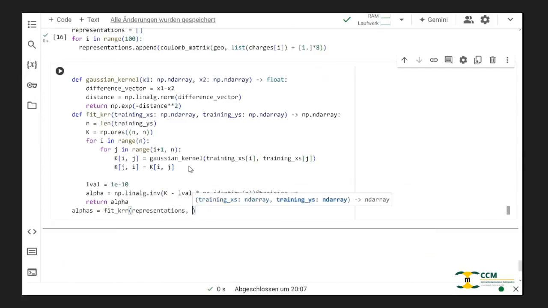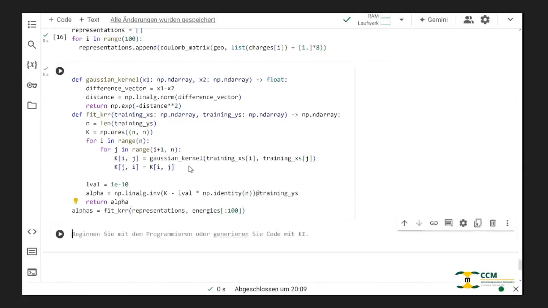What are the Ys? What's the property that we want to learn? Energy. So that would be energies, but the first 100 of those, right? Not all of them, but of course the matching 100 ones. Let's see if this works. Looks good. What's the size of alphas? Is it a scalar? Is it a vector?